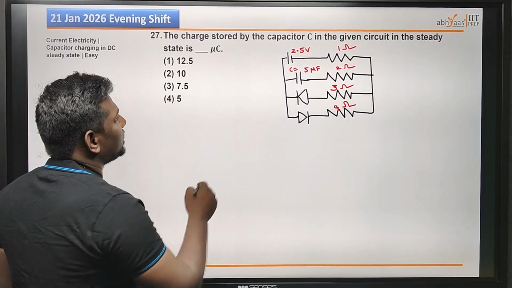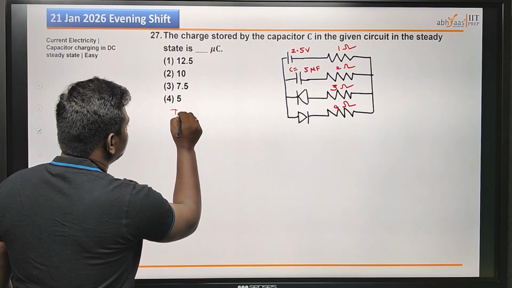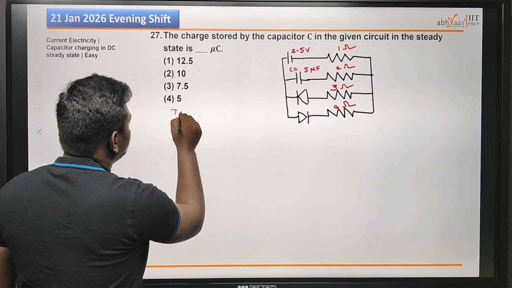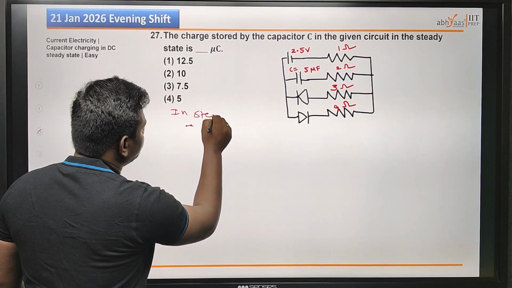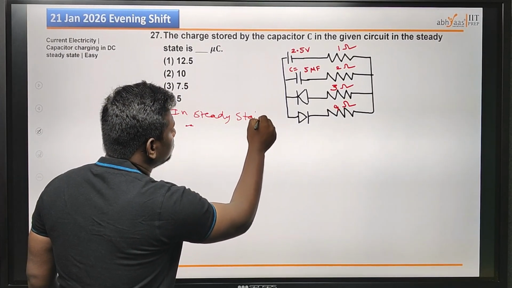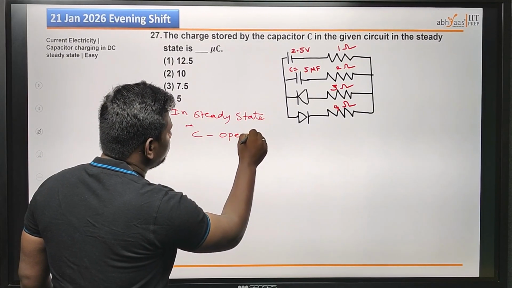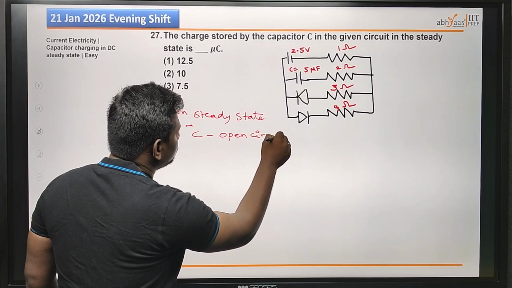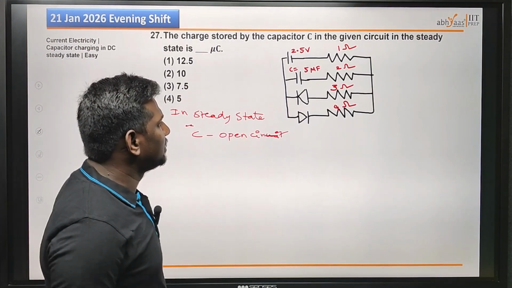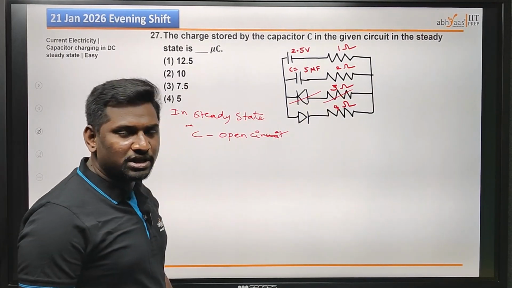In steady state, the capacitor is an open circuit. If you observe clearly, this diode is reverse biased, that's why I am removing that one.